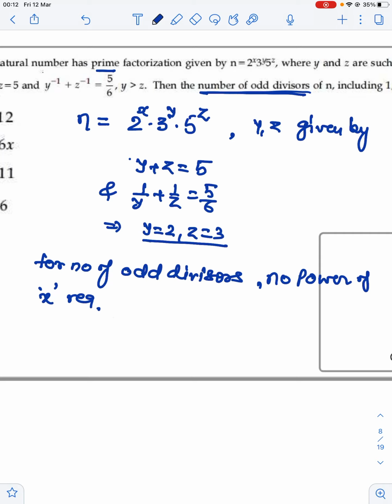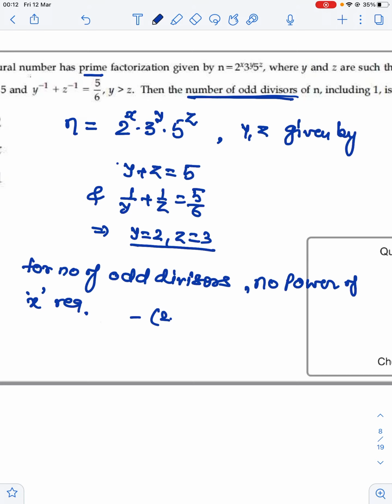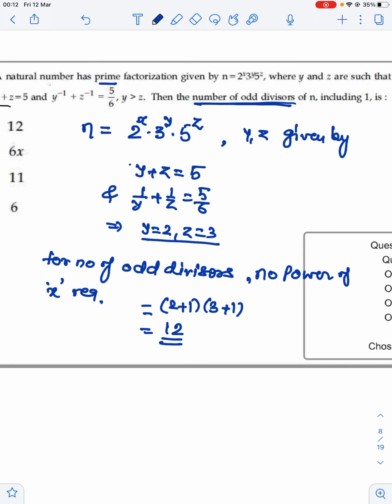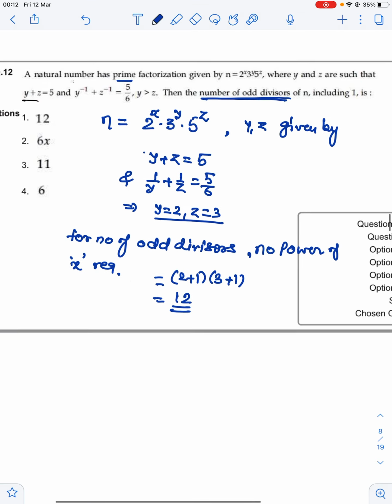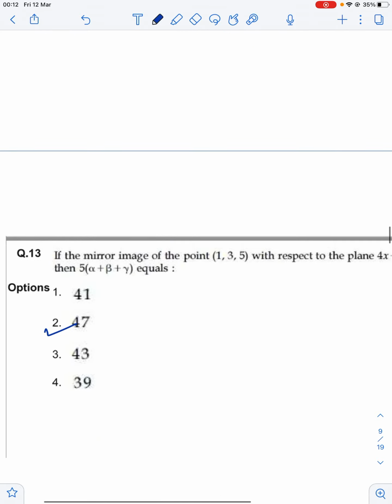So total number of divisors possible will be 2 plus 1 into 3 plus 1, which is equal to 12. So simple application of permutation.